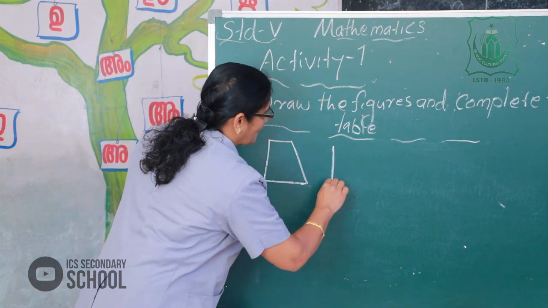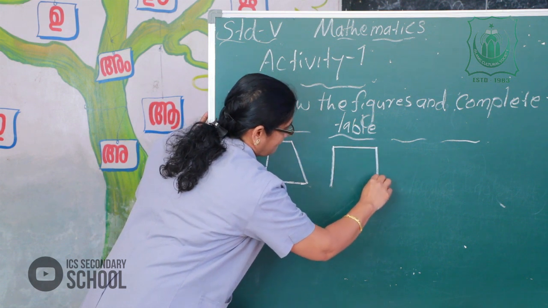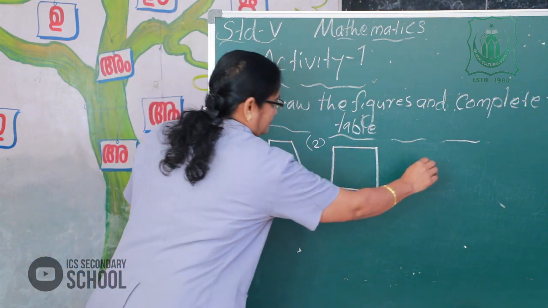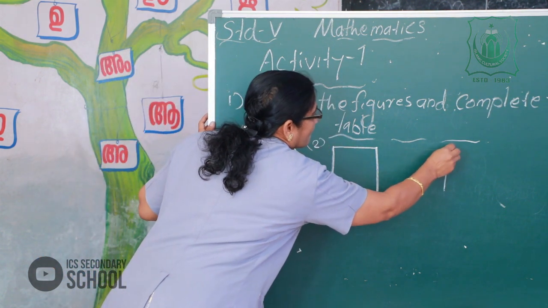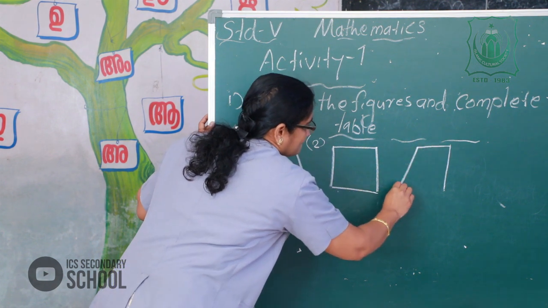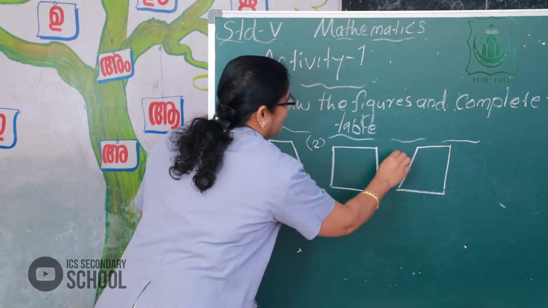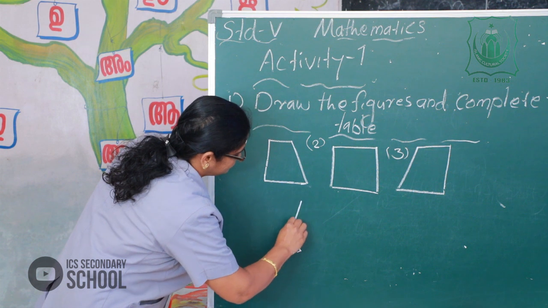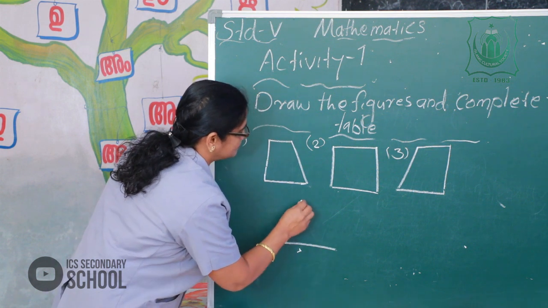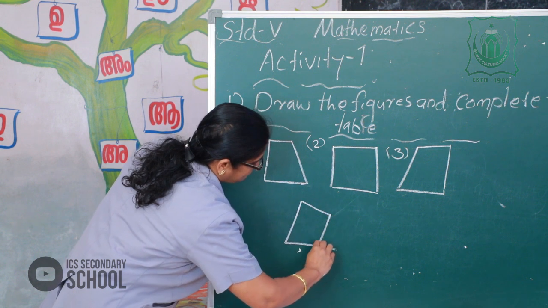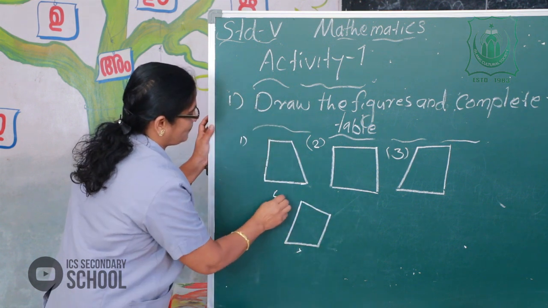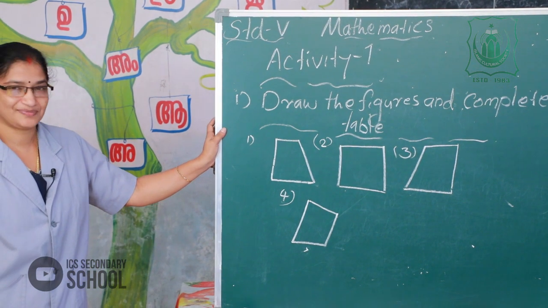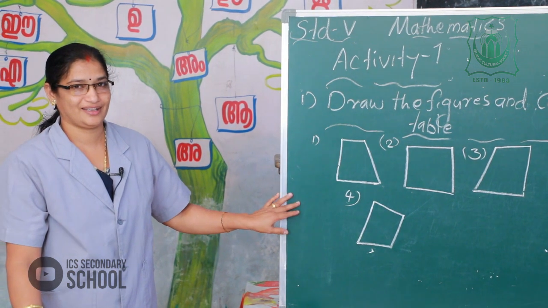And next, two, three and 4. Draw it. Okay.